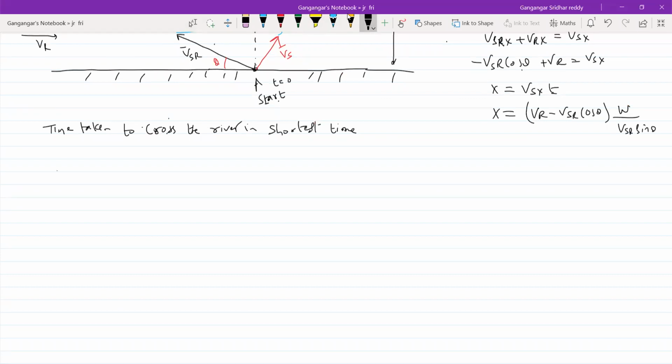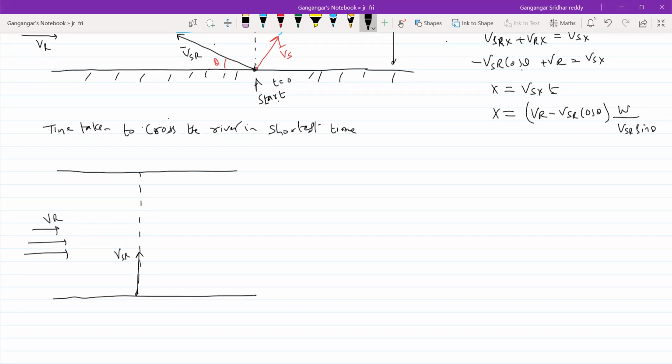So here there's a bank. If it swims normal to the river current, the river current will push him.